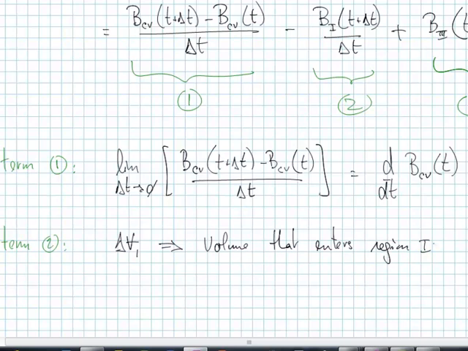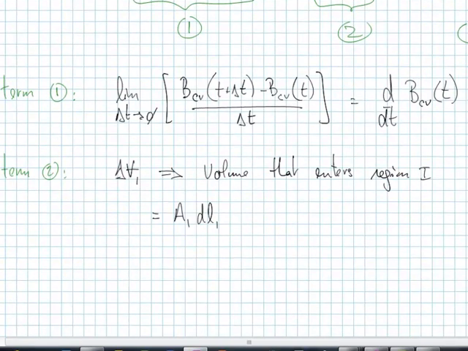And what is that equal to? That's equal to whatever the area of 1 is times dL1. We defined what dL1 was. That's the volume that passed through area 1 during time delta t, and that's the volume that filled in during that time.